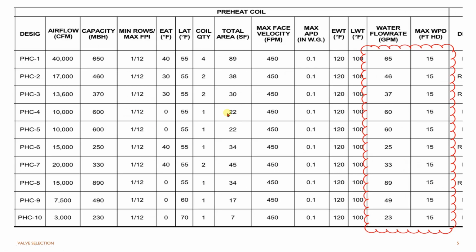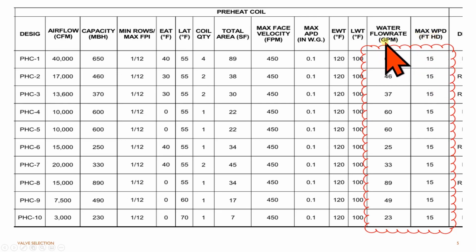The next thing we wanted to do is the flow rate and your pressure drop. When they do equipment based on the coil, you'll see how much the flow rate is going through the coil, and usually the maximum water pressure drop, and these are given in specific units.